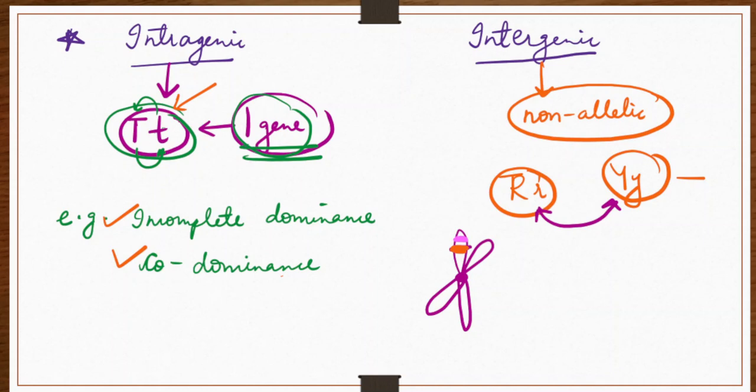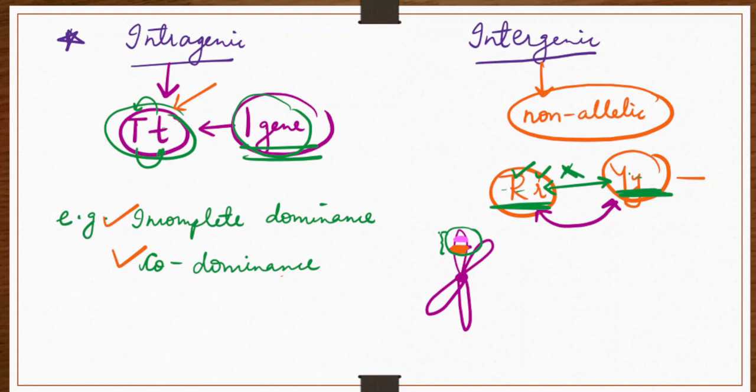If these two genes are interacting among themselves, we say they are non-allelic genes. These two are alleles of one gene, and these two are alleles of another gene, but between these two there is no allelic relationship, we can't say that this is an allele of the same gene, because the genes are different. So we say non-allelic.